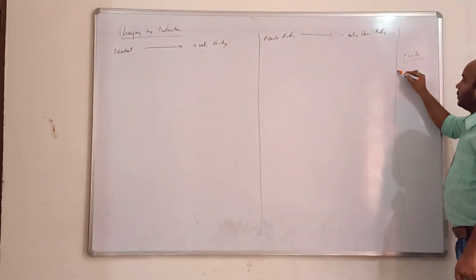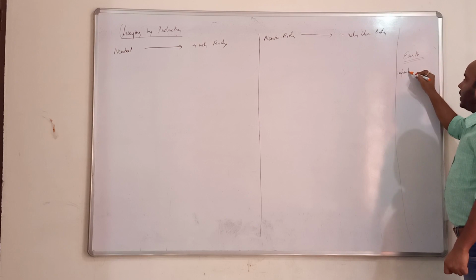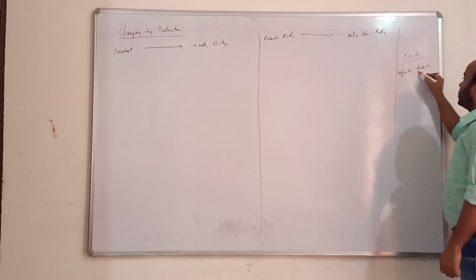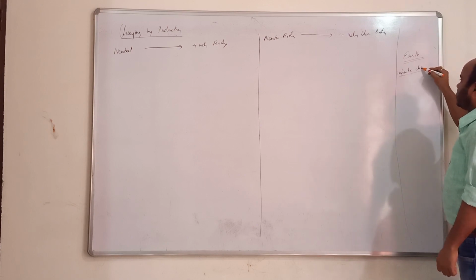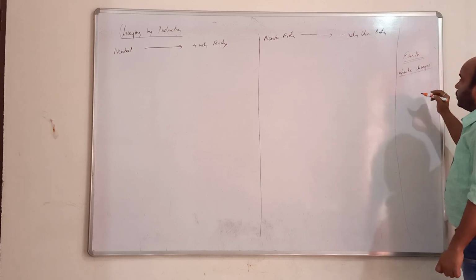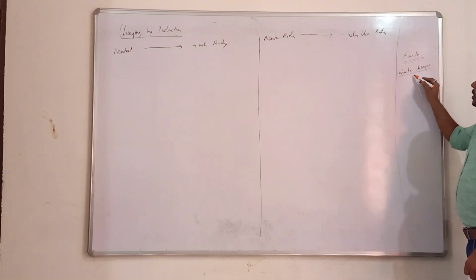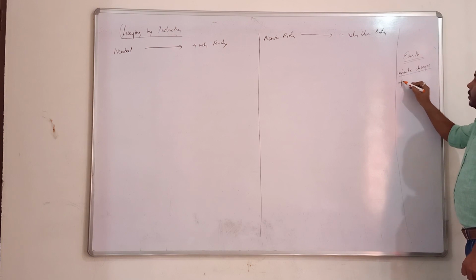Earth is an infinite source of charges. It has infinite charges. You can note down these things in your notes, because these things are not written in the notes which you will get. Infinite charges means what?